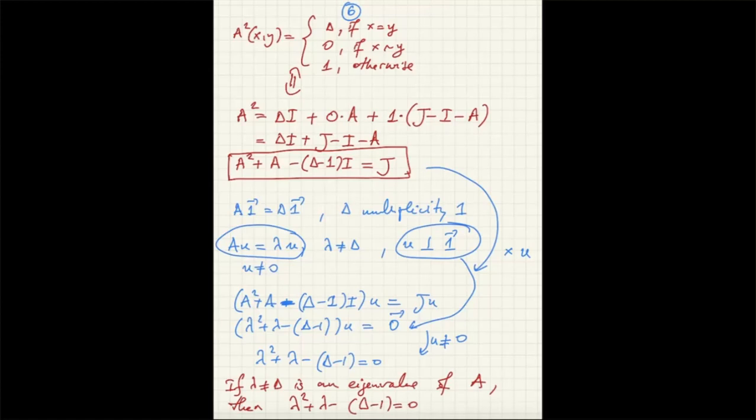Okay. Now that's a quadratic. So let's see what the possibilities are there. So if we look at lambda squared plus lambda minus delta minus 1 equals 0, well, here I used a bad notation because I have a delta and I'm not going to use the discriminant for the matrix, but for the equation. But it's easy for you to figure out the solutions lambda 1, 2. So there are two possibilities.